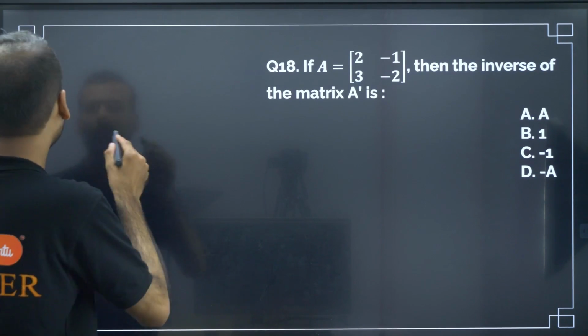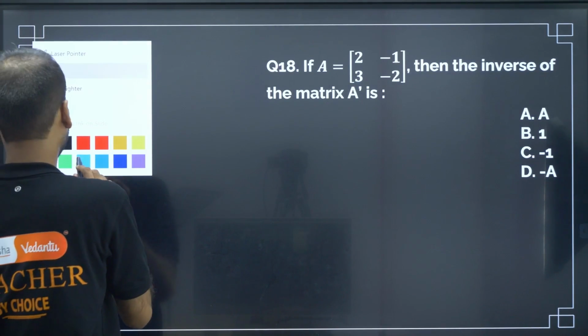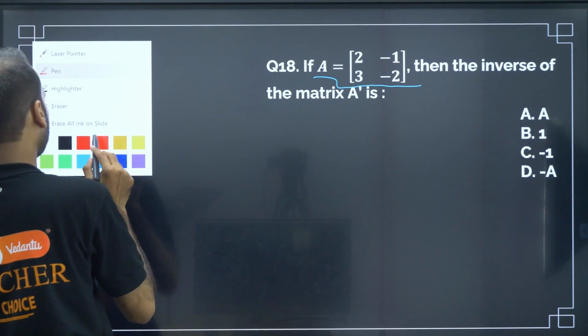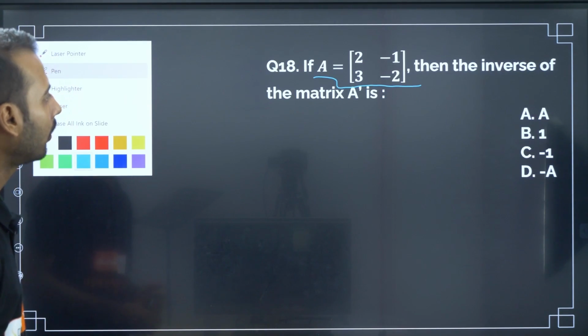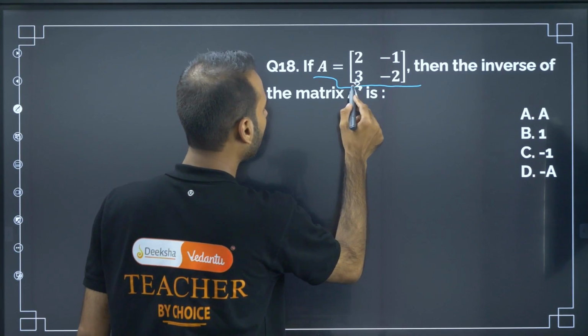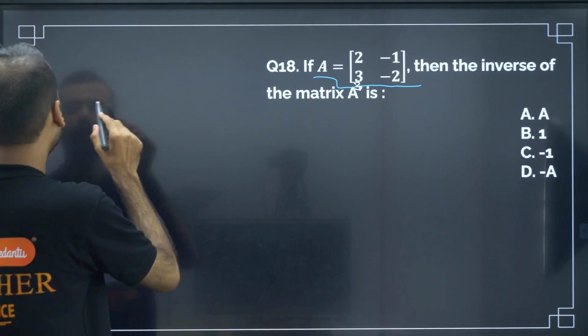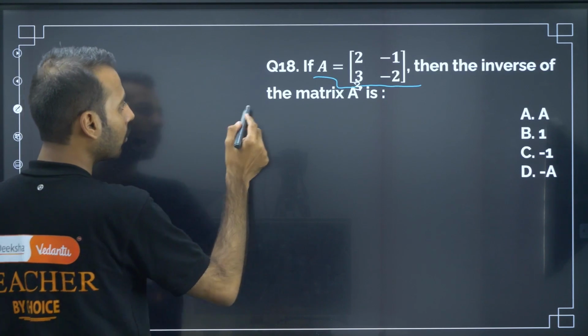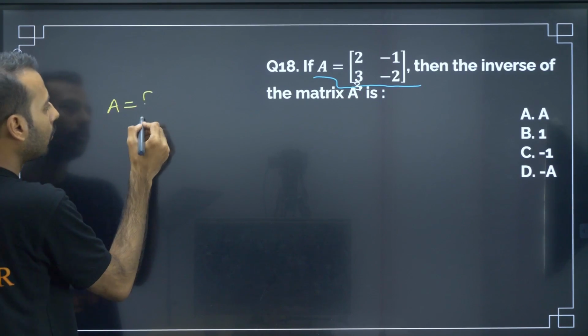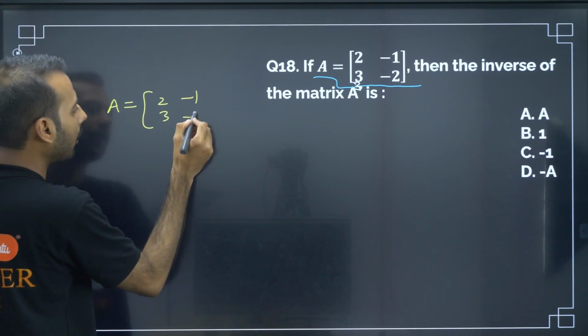If A is equal to this, then the inverse of A cube is, the question is like this, inverse of A cube. So if I observe here, A is equal to [2 -1; 3 -2].